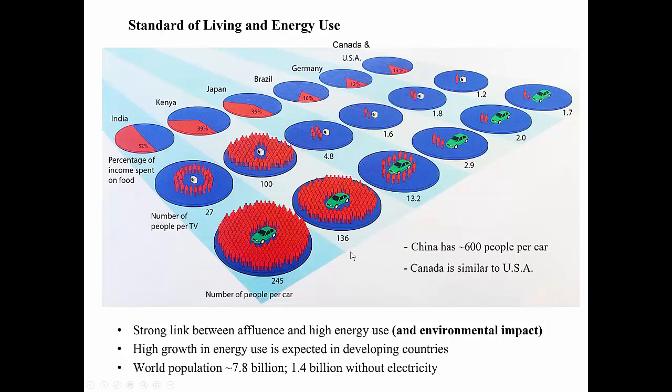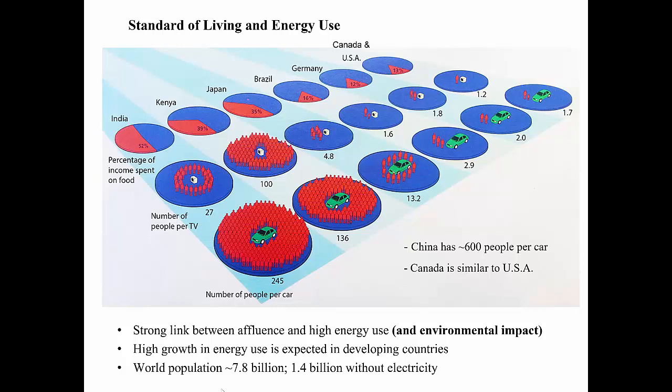So you can see the huge variation in affluence. And you can imagine that the more people you have per car, the less energy you're going to use. And so affluence and energy use and the subsequent environmental impacts, which we're going to describe in this course in detail, are strongly linked together.